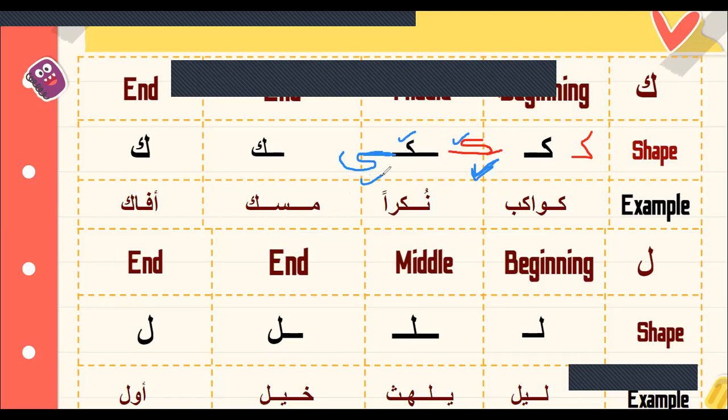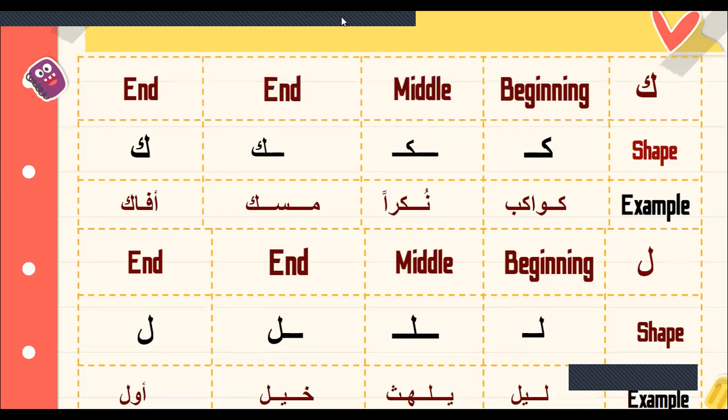If we put the ya in the middle or in the beginning, it will be like this. So the one up above the line is a kaf. Either it's shaped like the kaf or like the ya or not, still this is up and this is a kaf. The ya is down the line. It's never up.